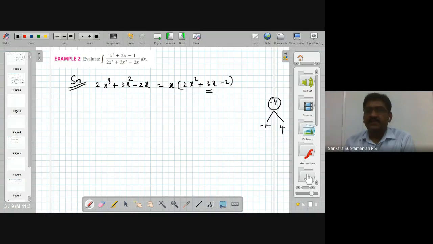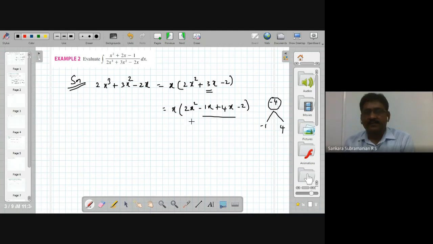This could be the right choice. So you can write this as x into 2x square minus 1x plus 4x minus 2, instead of 3x.